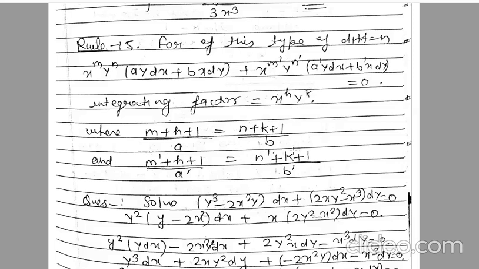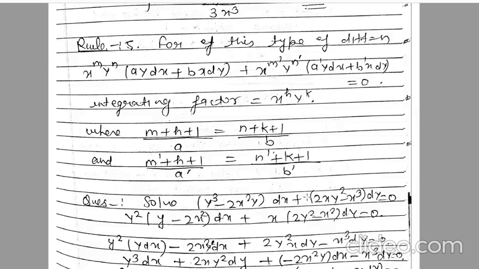So there is an example. First one, solve this equation. We need to convert it. You can see here m dx plus n dy, right? But our equation is in the form of ay dx plus bx dy. That means dx and dy are combined with each other.